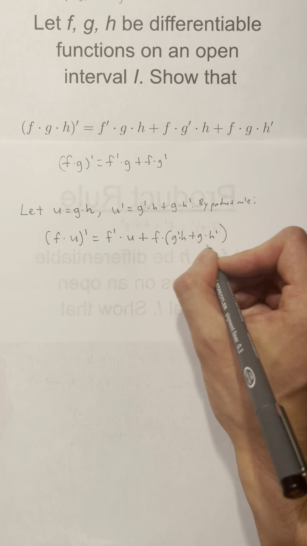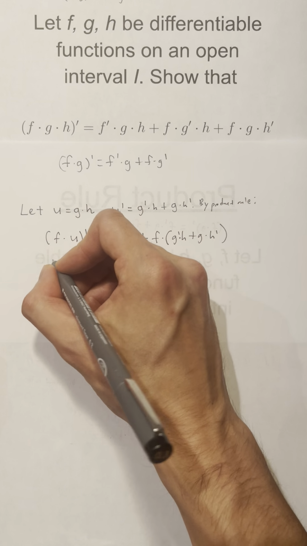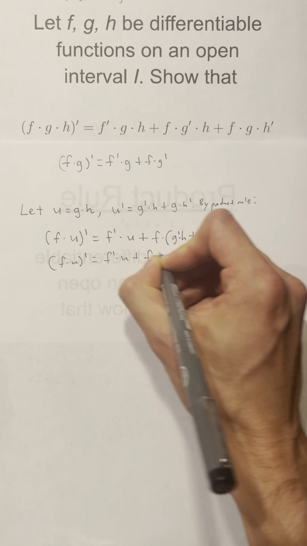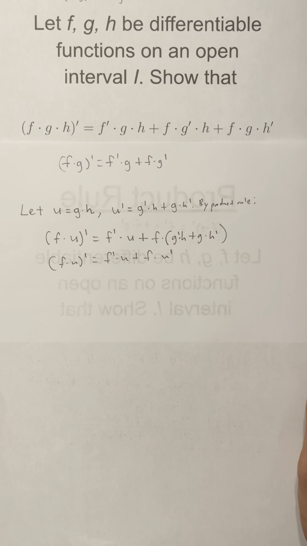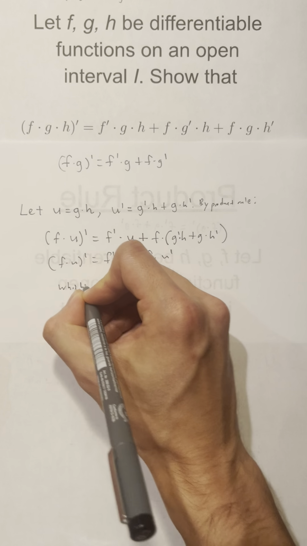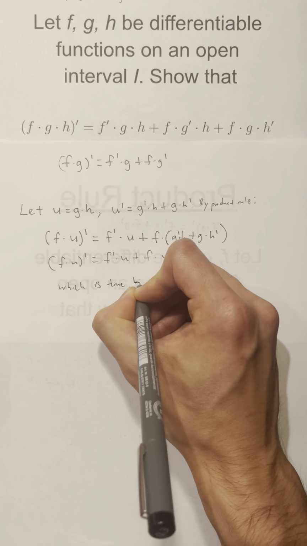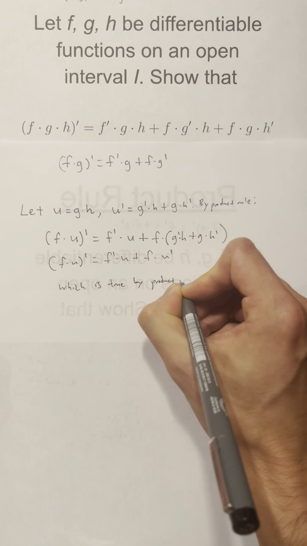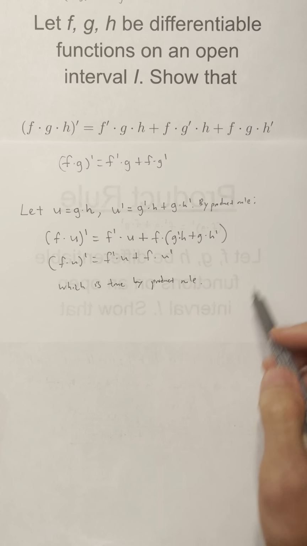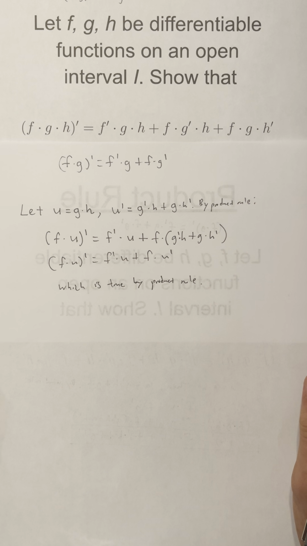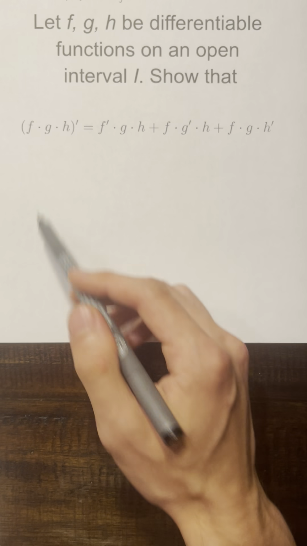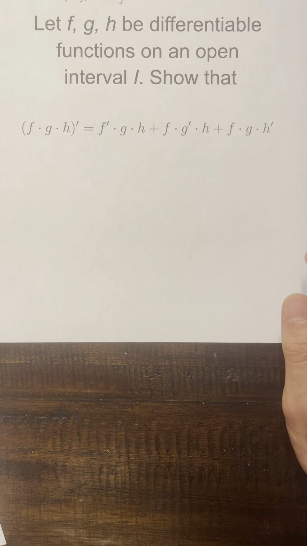Okay, so this is actually u prime, and this is true by the product rule. So this looks great. Let's clean it up a little bit, and then we'll write down our final draft here.